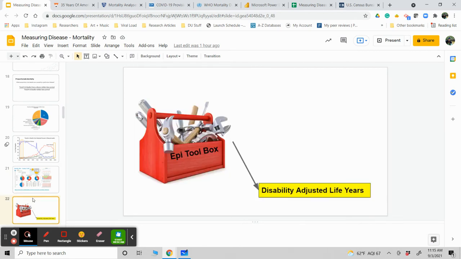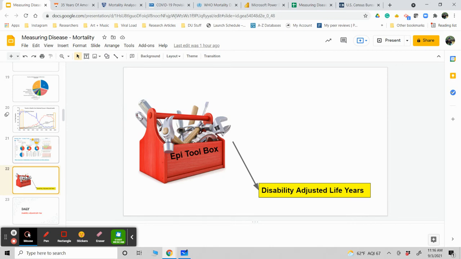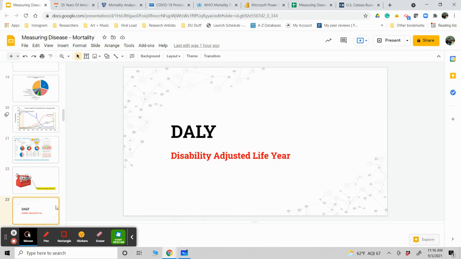measures of mortality, and we're going to end on a hybrid metric. That's why it gets its own little color down here at the bottom. The disability adjusted life year is a relatively new kid on the block, aka the DALY.